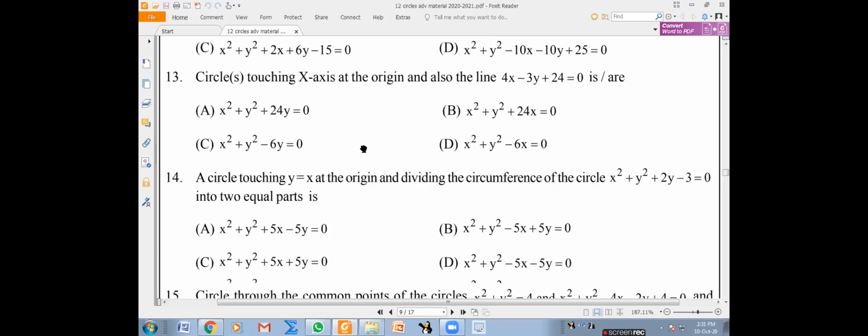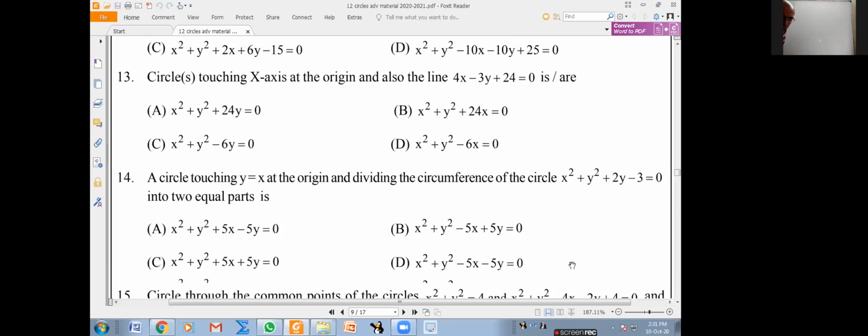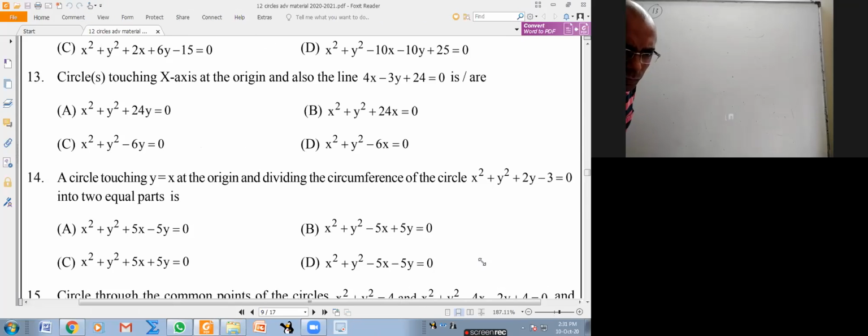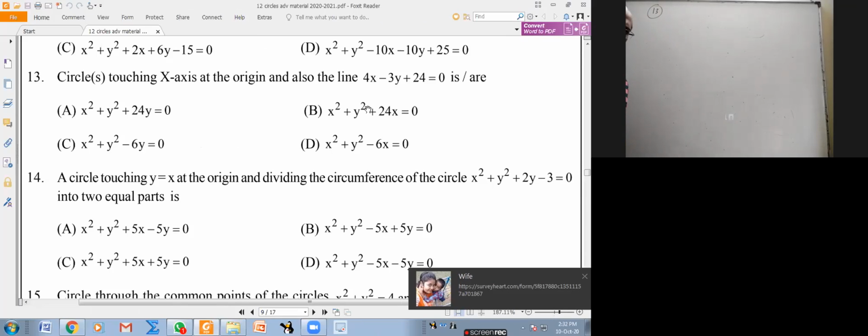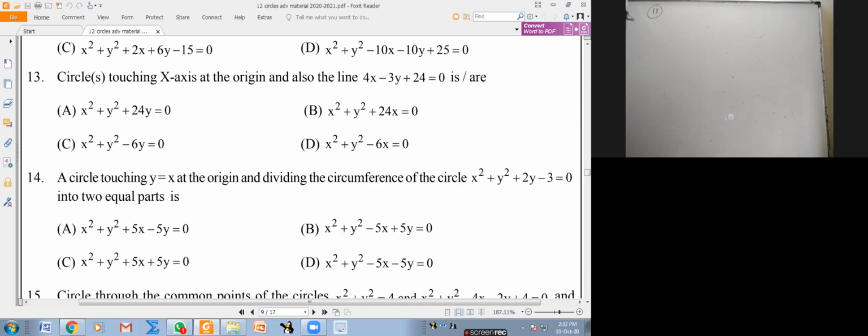Okay, so 13th question. So the 13th question is, yeah, x-intercept is -6 and y-intercept is 8.